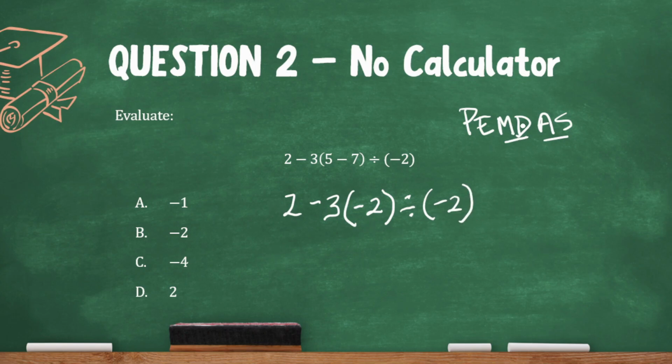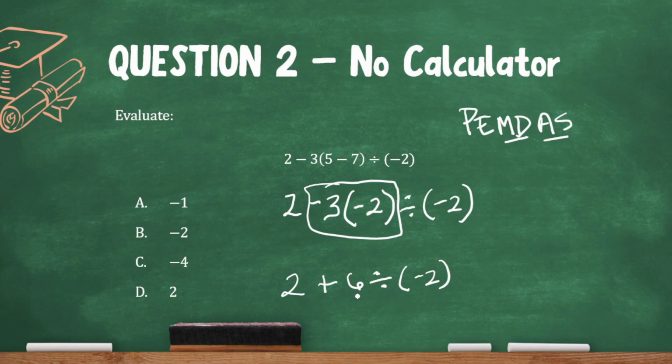So let's go on to multiplication and division, and I'm just going to go from left to right, multiplying and dividing. So my first one is negative 3 times negative 2. So I'll carry down this 2 here, and negative 3 times negative 2 is positive 6. And then I'll write this down, divided by negative 2.